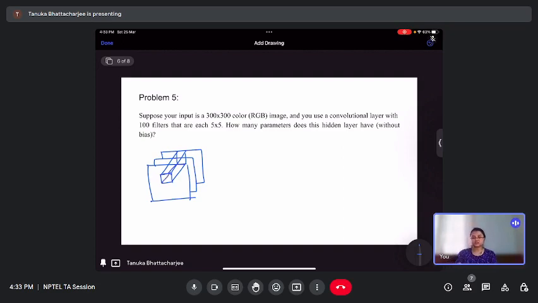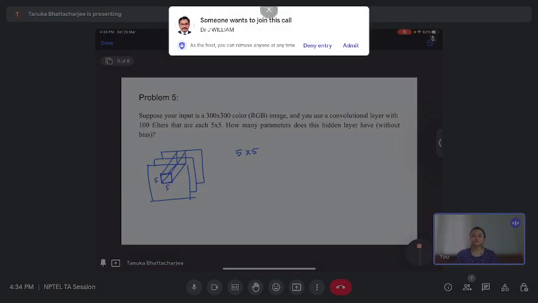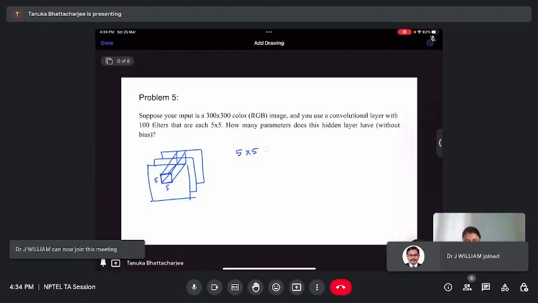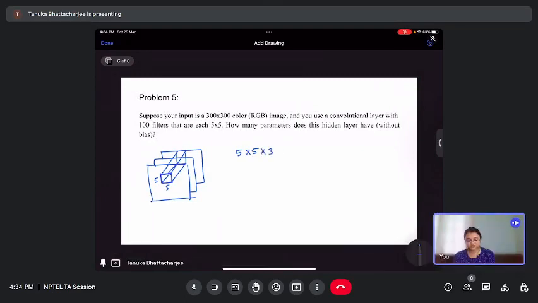It does a weighted combination, and the number of weights it has is the number of parameters, because the same weights are shared throughout. If this is a 5 cross 5 matrix, you combine 25 elements, so 25 weights. You combine 25 weights from each of the 3 channels, so the total number of weights is 5 cross 5 cross 3, which is 75. That is for one filter.